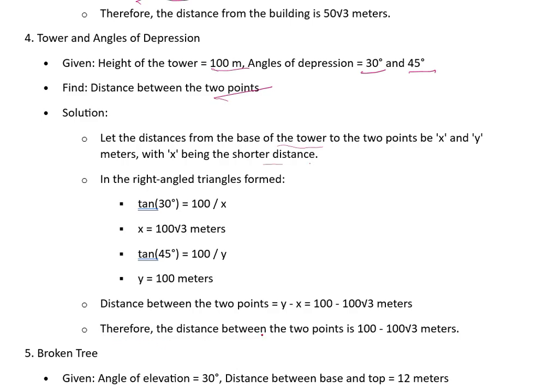Therefore, the distance between the two points is 100 minus 100 root 3 meter. So the difference between the points is the difference of x and y.